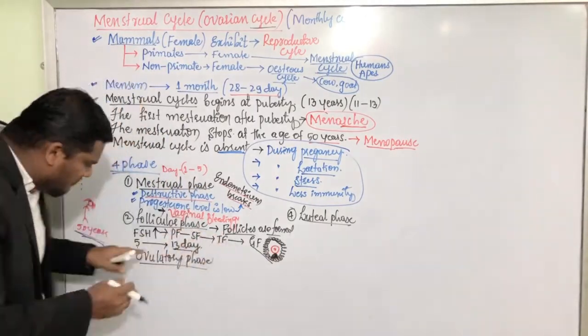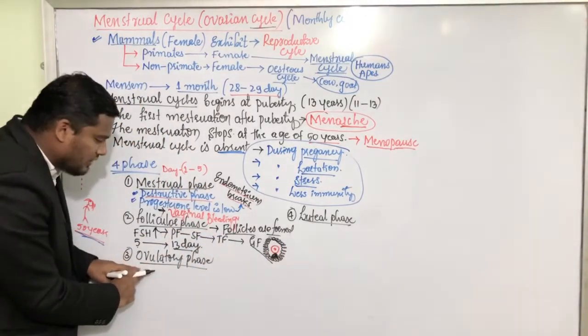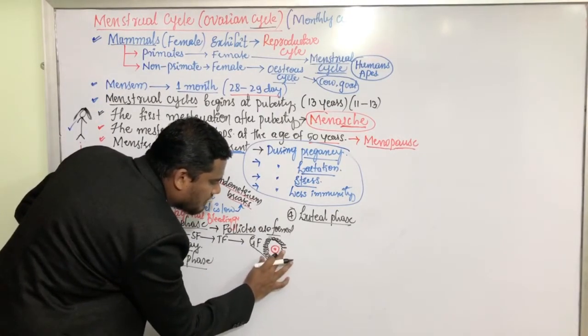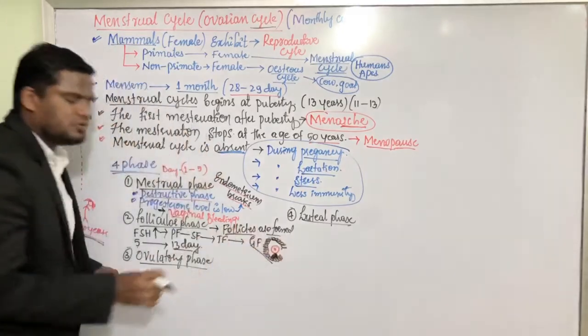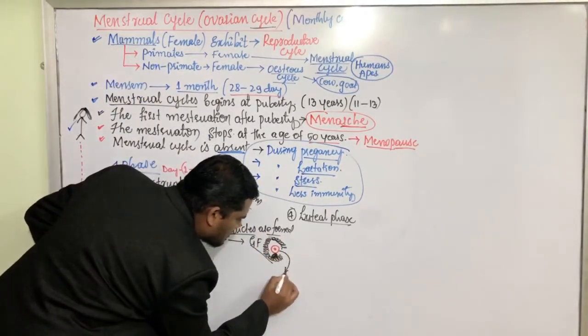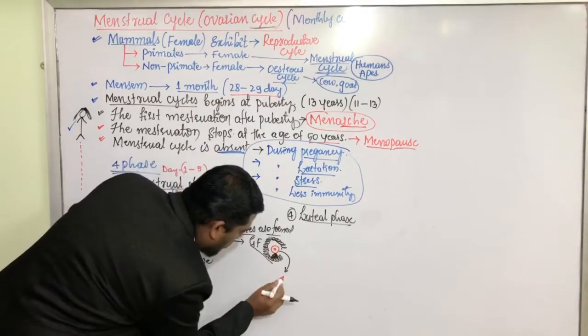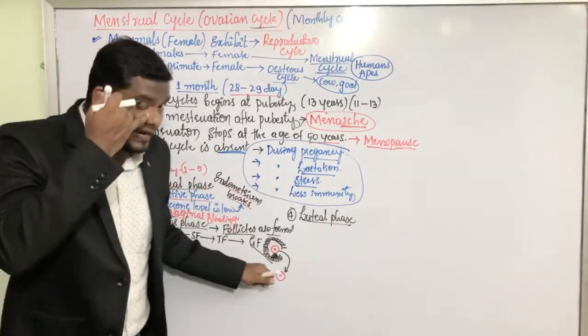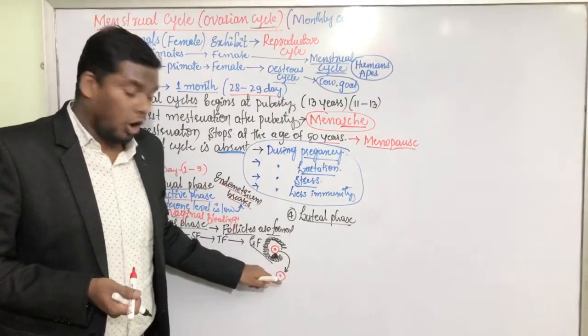Now on the 14th day, the Graafian follicle gets ruptured, and this ovum comes out. It is also called the secondary oocyte or ootid.